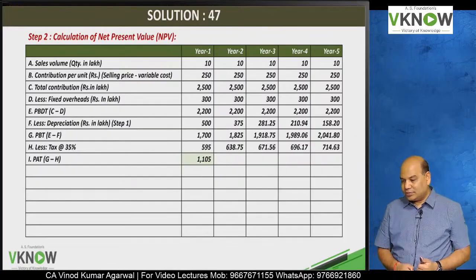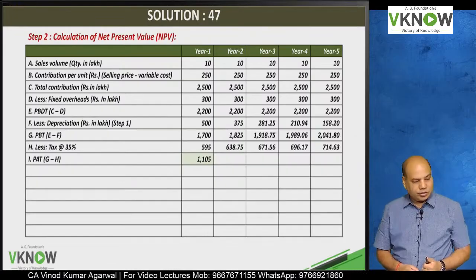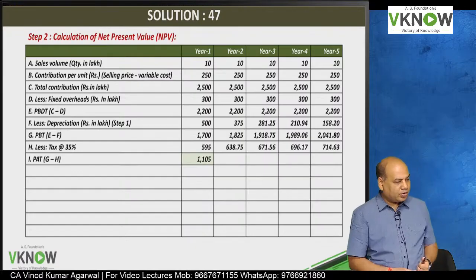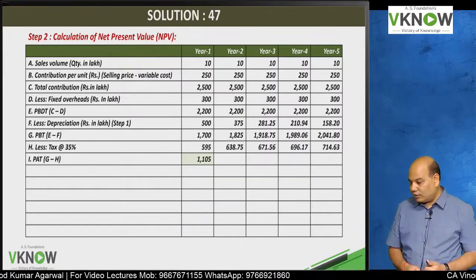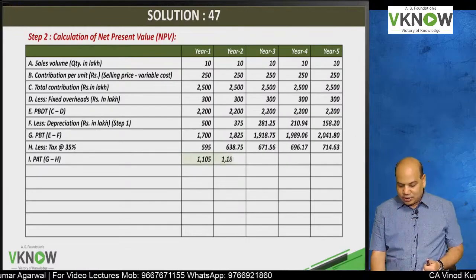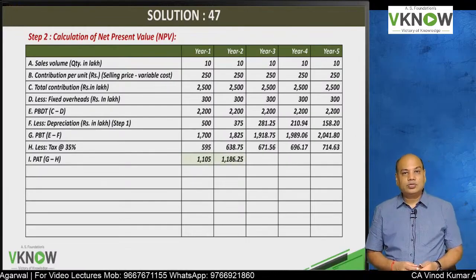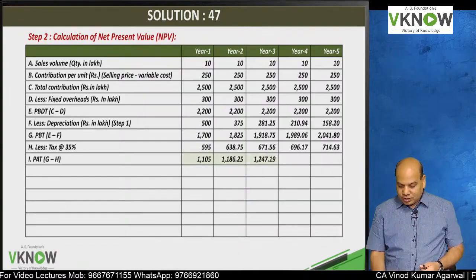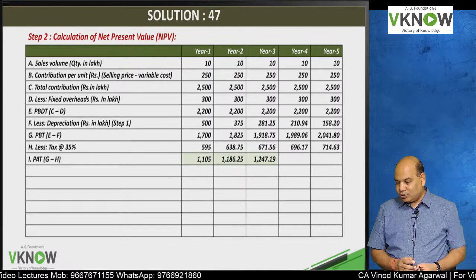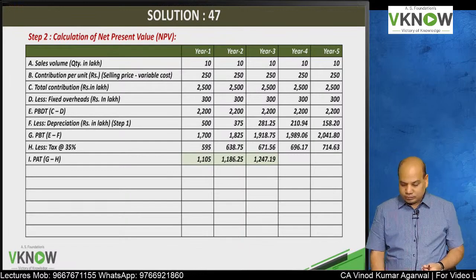Then write PAT. PAT is G minus H. Please try G minus H. First one 1105. Very good. Go ahead. Next one, 1186.25. Next one, 1247.19.